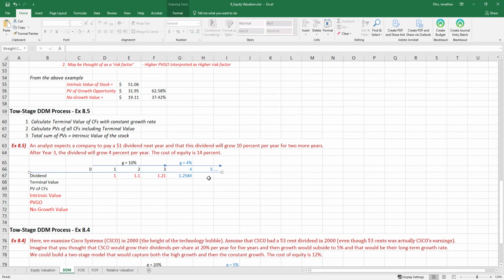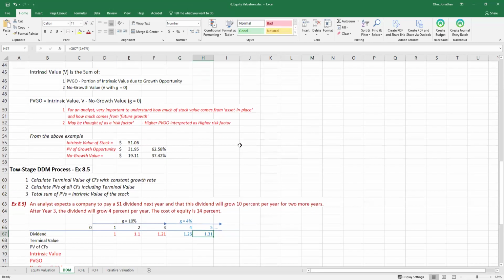And then at the end of year 5, starting with the previous dividend, times 1 plus 4%. See, that's how you calculate. So we calculate all these expected dividend cash flows for the future.